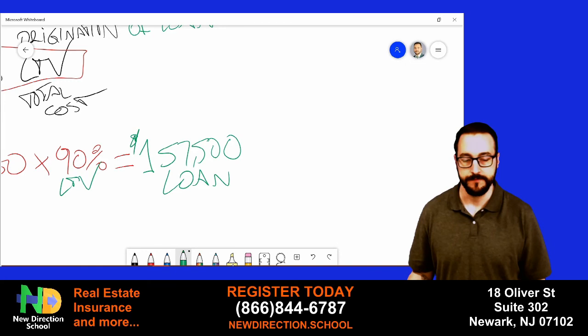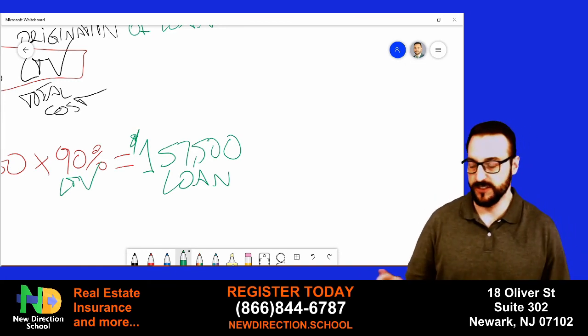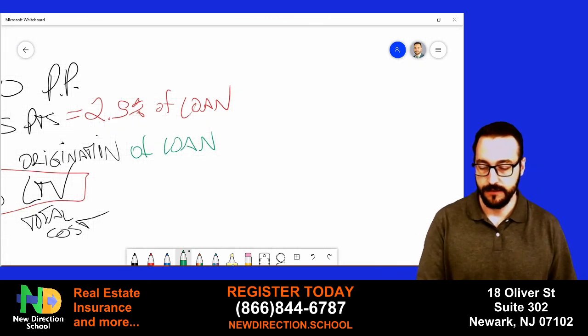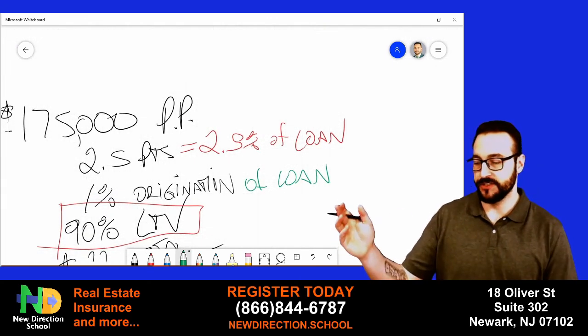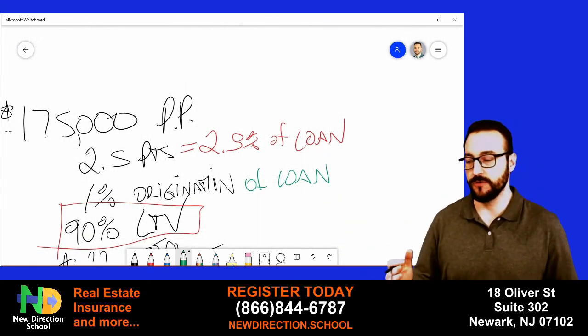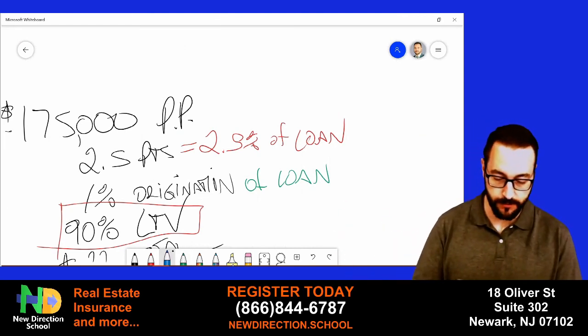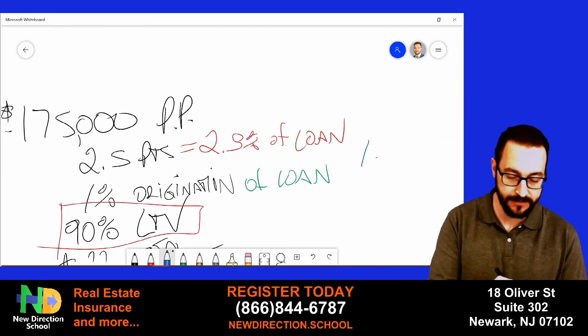Here's the thing. Just to make it simpler, because we're paying 2.5% of the loan in points and 1% origination, one of the things that we can do right away is add these two.